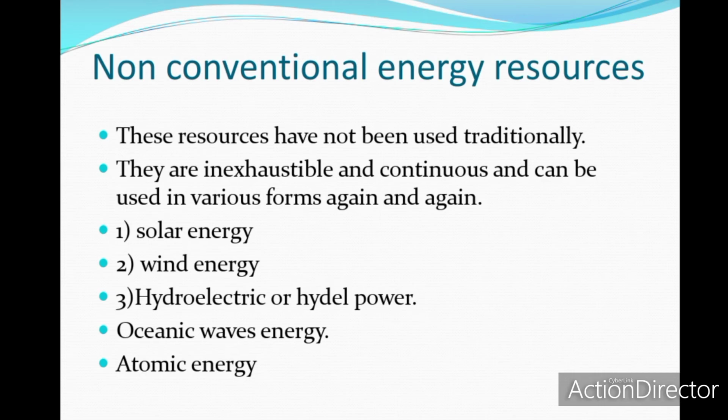They are continuous and can be used in various forms again and again. By doing processing on particular objects, we can create them again and again. So instead of using conventional energies which are non-renewable and are going to exhaust after a certain time period, we should use these non-conventional energy resources.